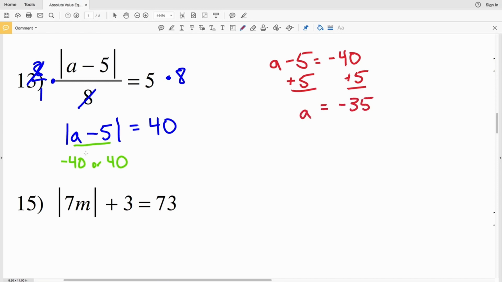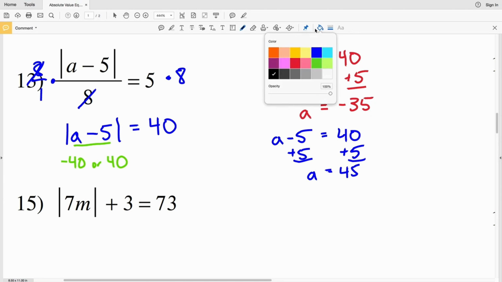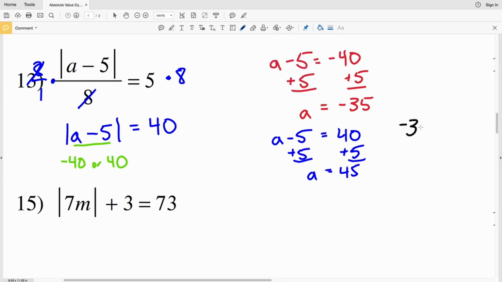So that's one possibility for a. The other possibility is when a minus 5 is equal to a positive 40. When we add 5 to both sides, we get that a is equal to 45. So our two options are that a is equal to negative 35 or a equals a positive 45 for number 13.